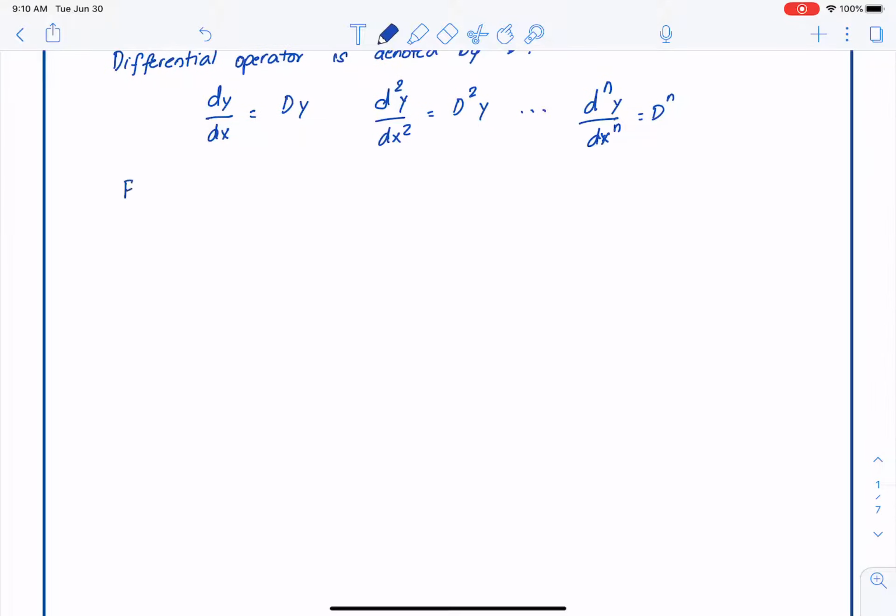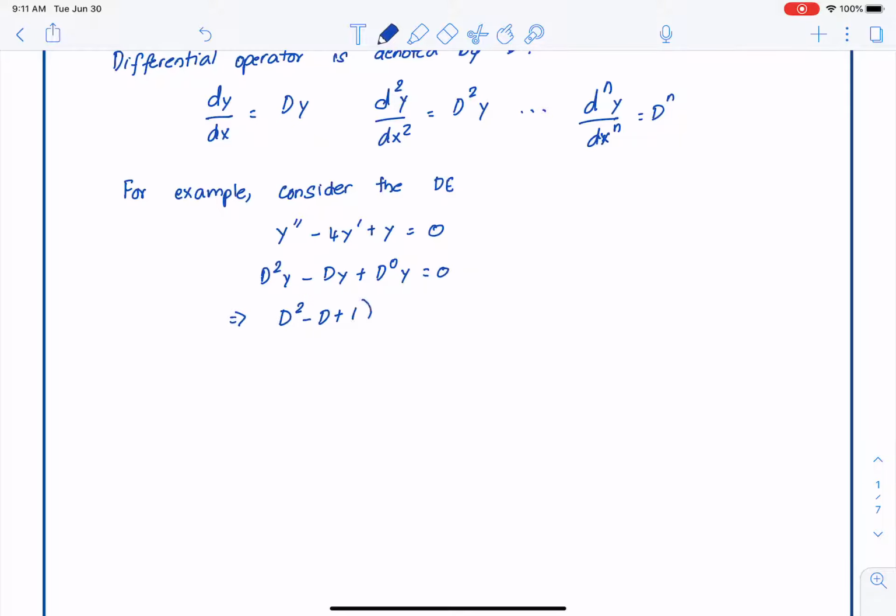For example, if we consider the DE y double prime minus 4y prime plus y equals 0, we could write it as D squared y minus 4Dy plus D raised to 0 times y equals 0, which would imply D squared minus 4D plus 1 times y equals 0.